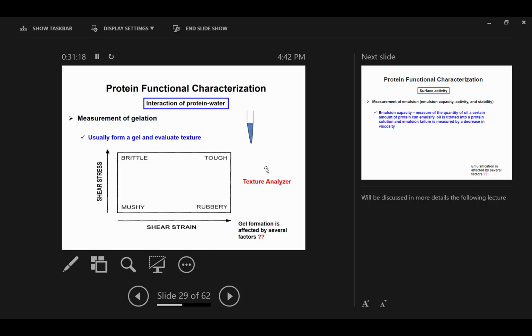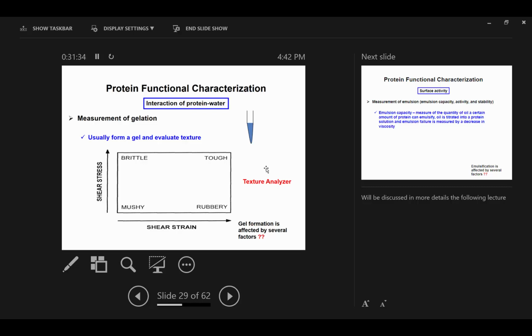Now, measuring of gelation or gelation strength is something else that you're going to do in the lab. It's similar to measuring water holding capacity. You are forming a gel, so at a specific protein, specific heat treatment and time.